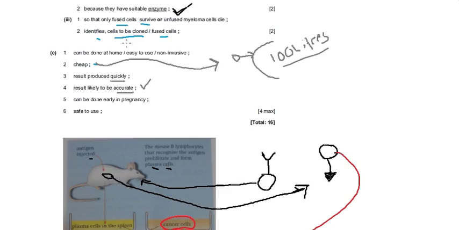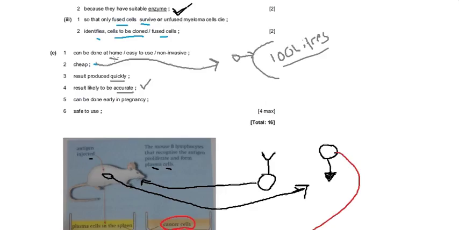It's the natural thing itself going on and producing the hybridoma cell. So the results are likely to be accurate. Then, can be done early. And it can be done at home.